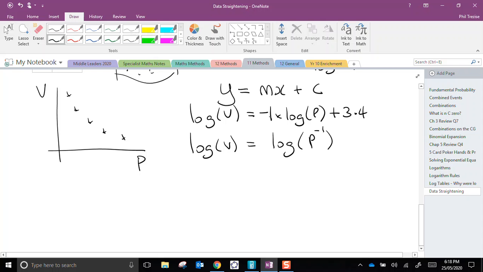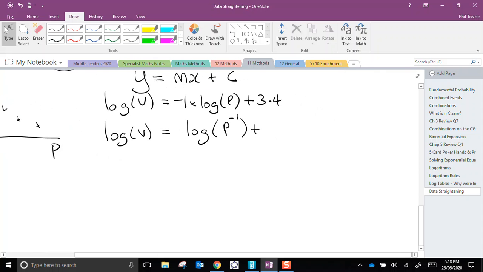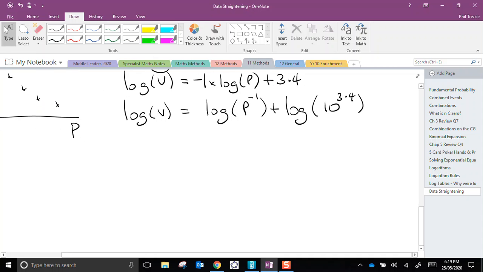The coefficient can become a power. Now, it would be much more convenient if this was a logarithm added to another logarithm. So how could I write 3.4 as a logarithm? Well, that would be 10 to the power of 3.4. That would make it, logarithm of 10 to the 3.4 is 3.4. So that's how I'll do that.